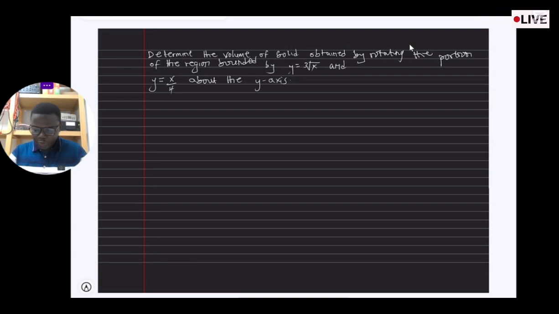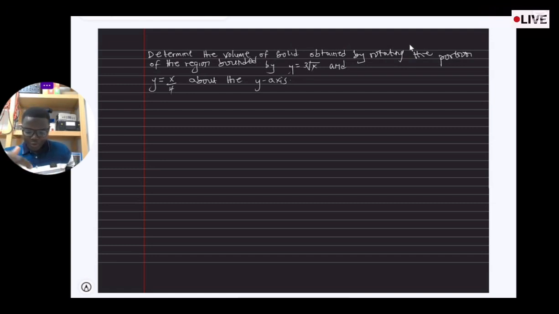As I was telling you, first of all, get out the important information that you need. The difference between this question and the previous question that we did is that, first of all, the previous question we were revolving about the x-axis, but for this one we are revolving about the y-axis.